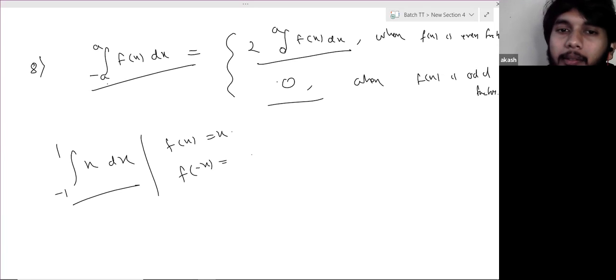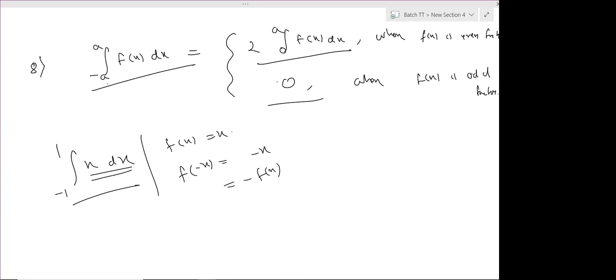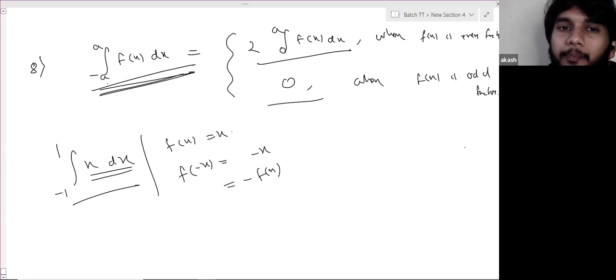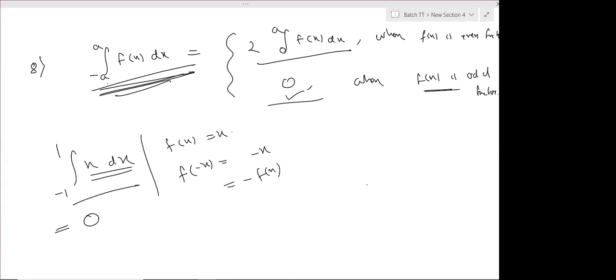So minus x, this is minus f of x. So I can say that this x function is an odd function. Yes or no? Yes, sir. So here you can see whenever you have this property, if the function is odd, the answer is 0. So I can directly write the integration is 0.